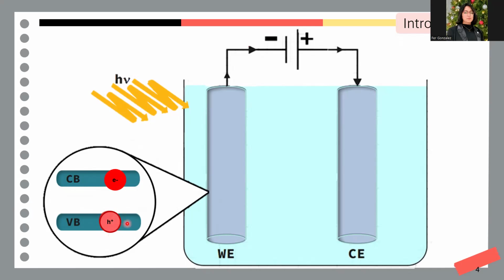The electron is attracted by a counter potential applied to an external circuit that leads the electron towards the counter electrode of the cell, where it produces the hydrogen evolution reaction that consequently produces hydrogen, while the hole in the semiconductor produces oxygen at the same time.